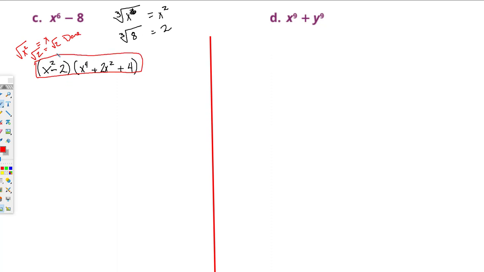So on C, because you can't take the square root of 2, you're done at this state, even though there's still squares involved.